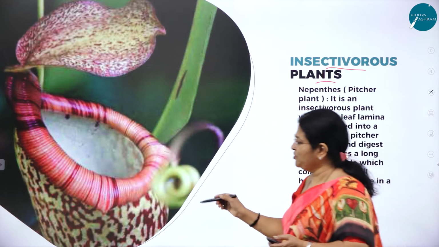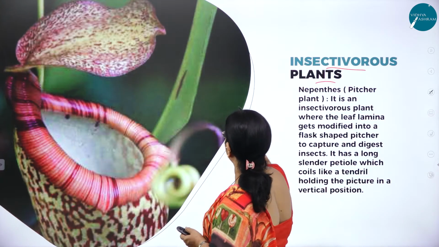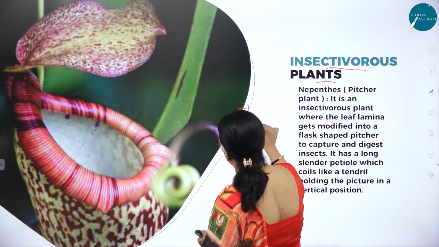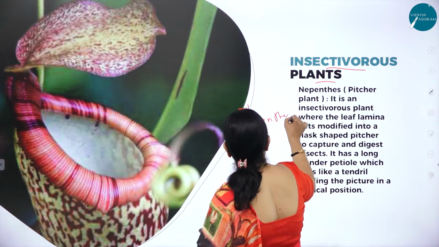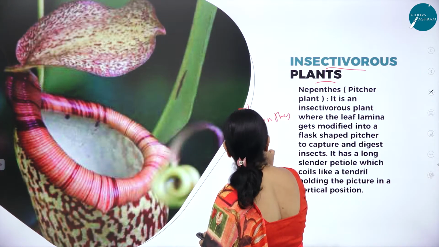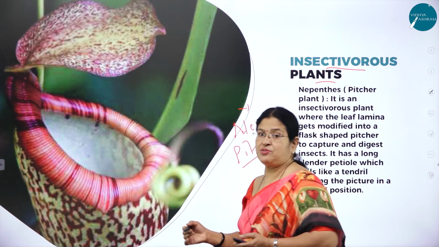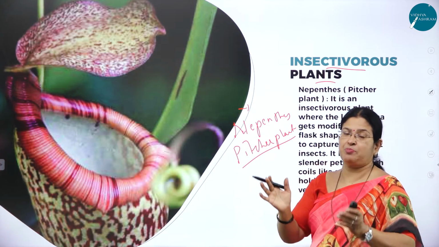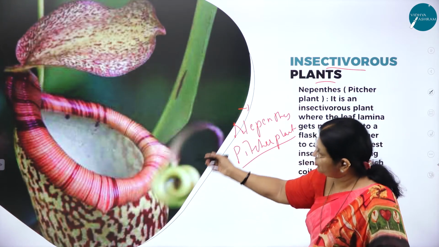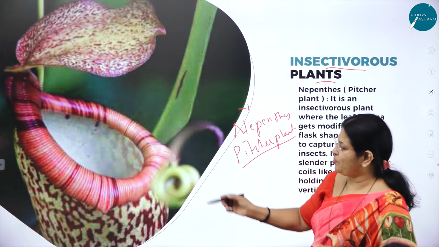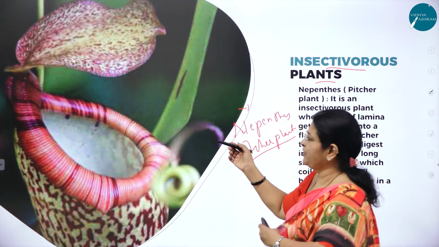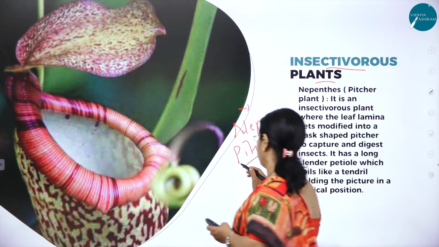Hope you can see this beautiful picture. This is the picture of Nepenthes. It is otherwise called pitcher plant. Pitcher means not picture. Pitcher means pot-like structure. Can you observe? It is more or less like a pot-like structure, right? I'll show it in the other. So here it will be like this.